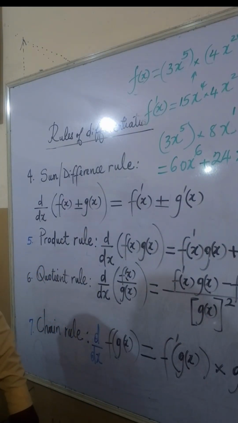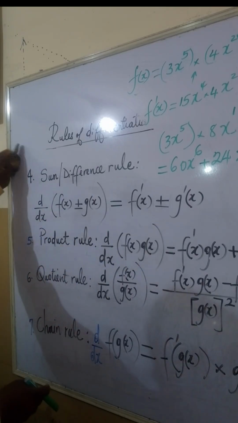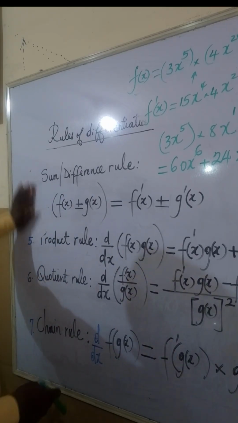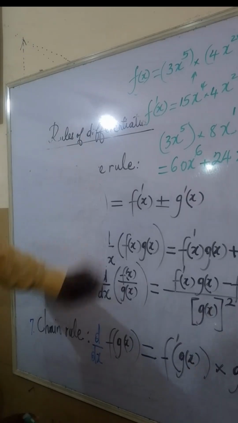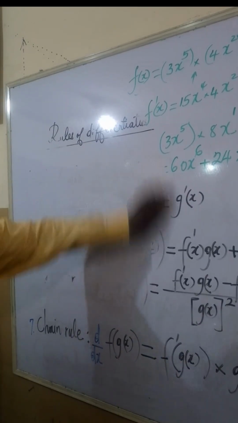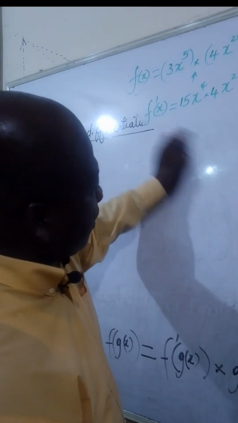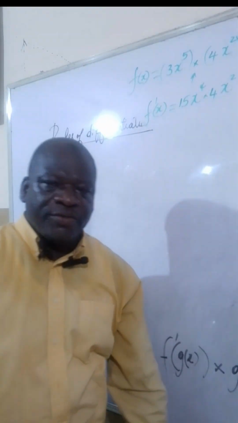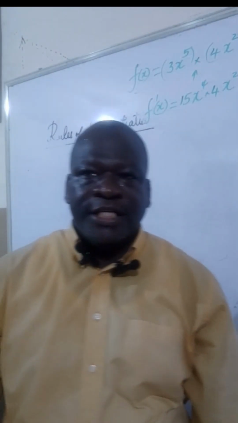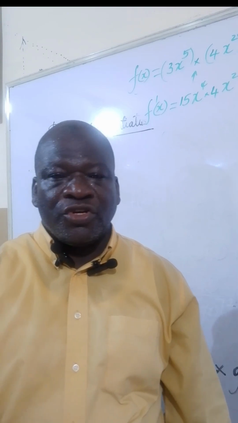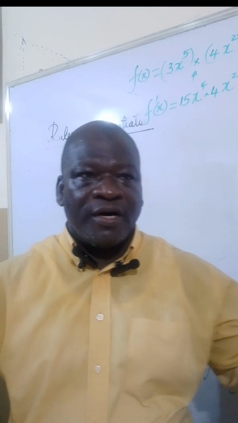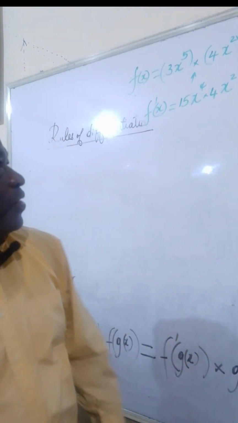So this is how we can differentiate a fraction, a quotient of two functions. You are starting with the numerator. Differentiate the numerator first, then multiply by the denominator minus the numerator times the differentiation of the denominator, all over the denominator squared.